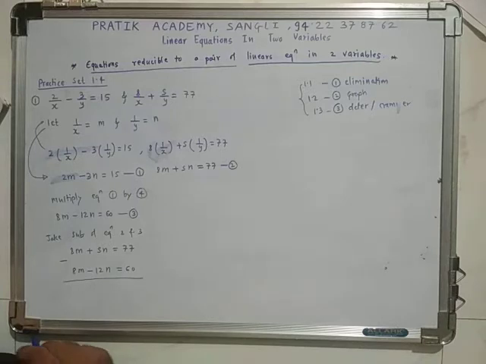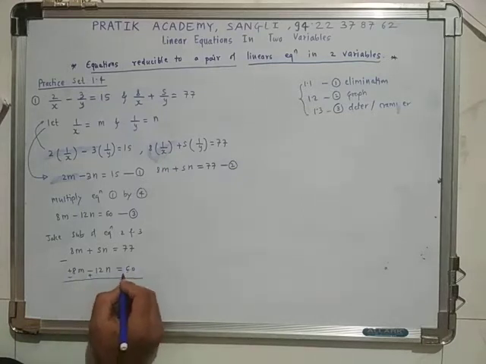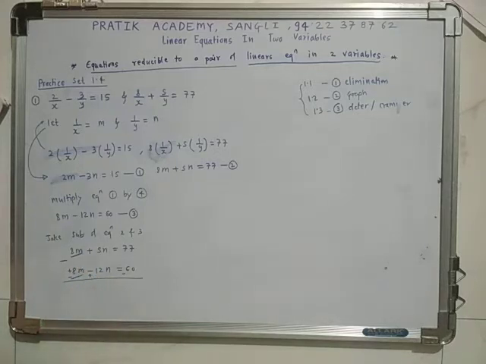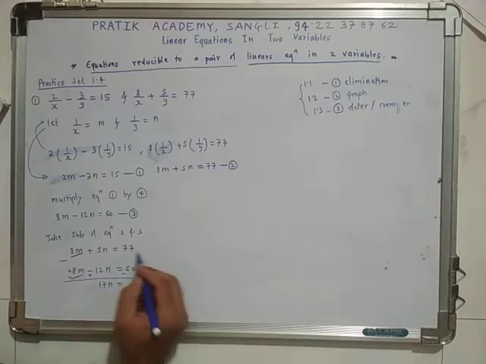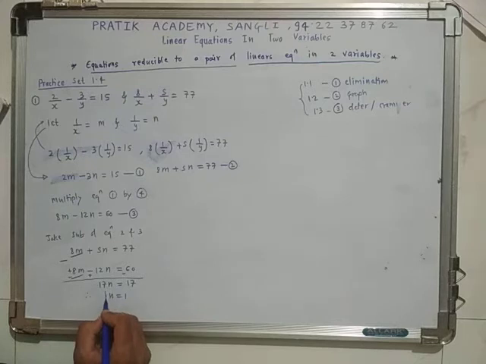Before going for subtraction, change signs here: plus becomes minus, minus becomes plus. Then 8m minus 8m get cancelled. 5n plus 12n, that is 17n. 77 minus 60, that is 17. So n is equal to 1.